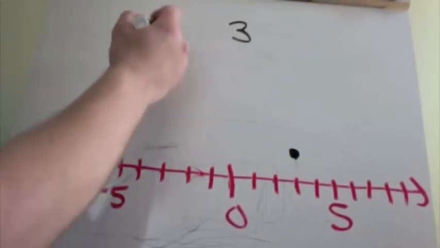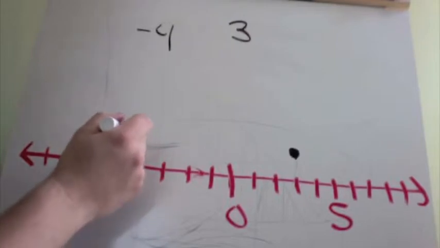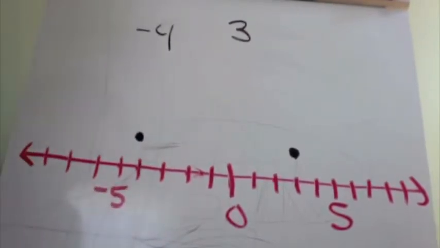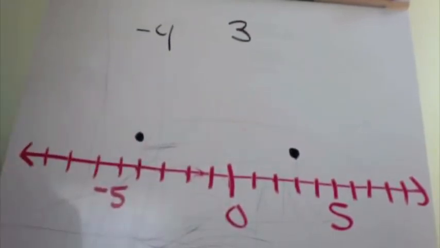So let's write down the number -4. So I'm going to put -4 right there in the number line. So which one of these two numbers is bigger than the other? Well, we have these things called greater than and less than signs. Okay?